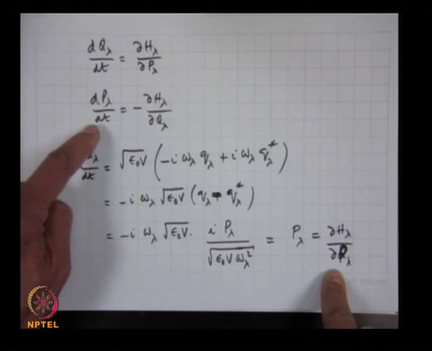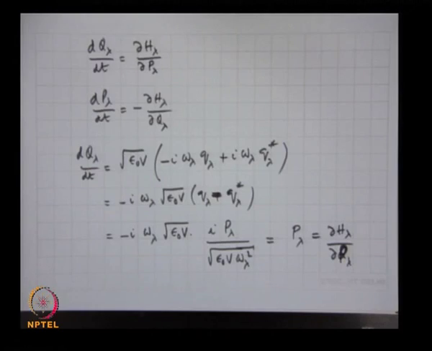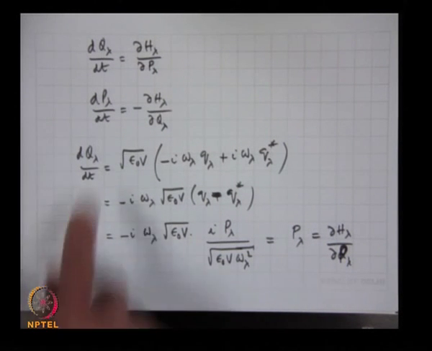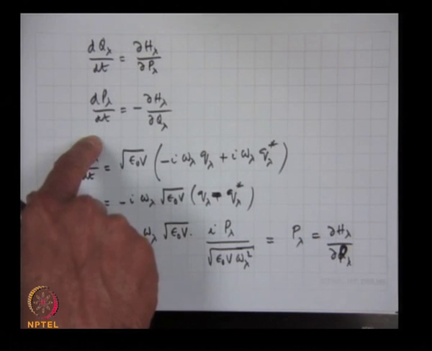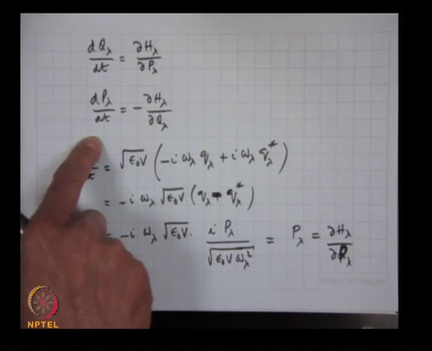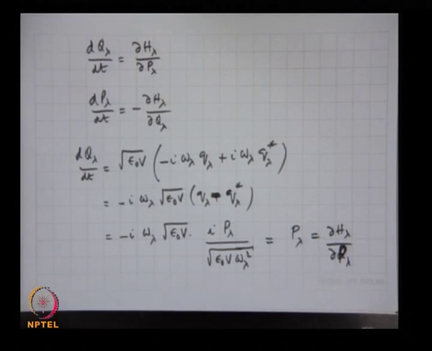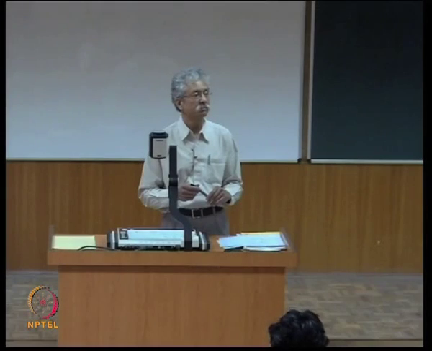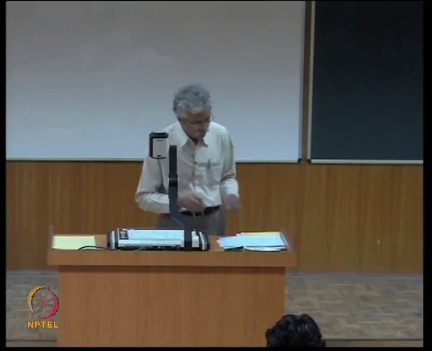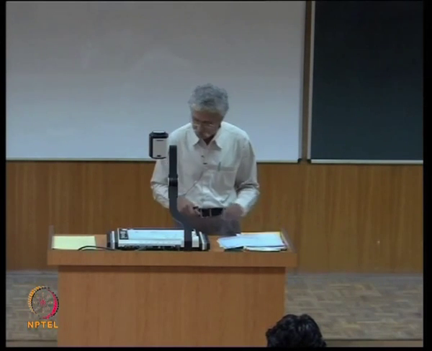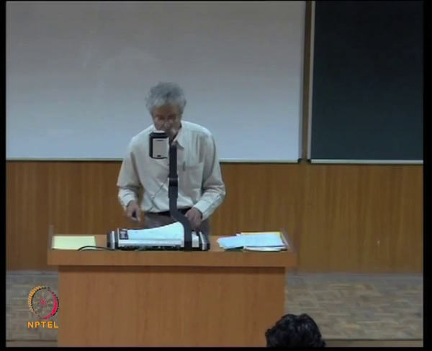Similarly, I leave it to you to show that this H lambda expressed in terms of Q lambda and P lambda satisfies the second Hamilton's equation, implying that Q lambda and P lambda are canonically conjugate variables. So I have expressed this in terms of canonically conjugate variables, and so now I can quantize.